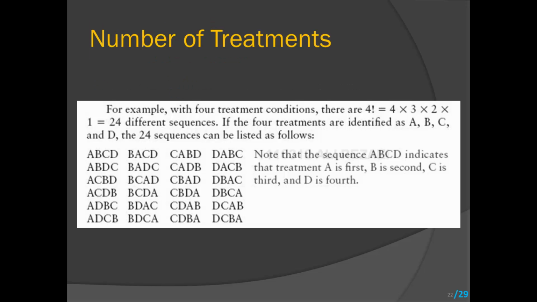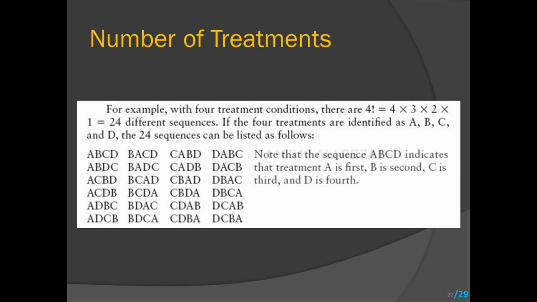For example, if we have 4 treatments, 4 conditions, there are going to be 24 ways in which we can put the treatments in order, and this is going to make it very complicated and close to impossible to make such an arrangement.